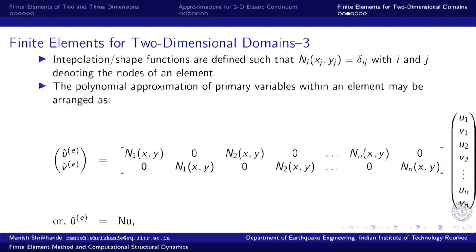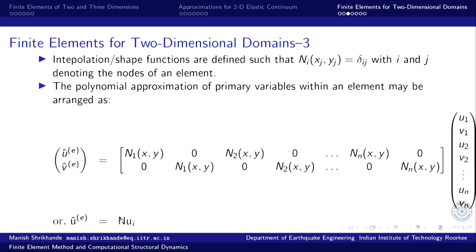Together, collectively, we refer to them as u, the element variable: the variation of the primary variable within the element is defined as a matrix of interpolation functions for all the nodes multiplied by the nodal values of the primary variables. So, u 1 v 1, u 2 v 2, u 3 v 3, u 4 v 4, etc. Right. So, this is fine, the condition is defined.